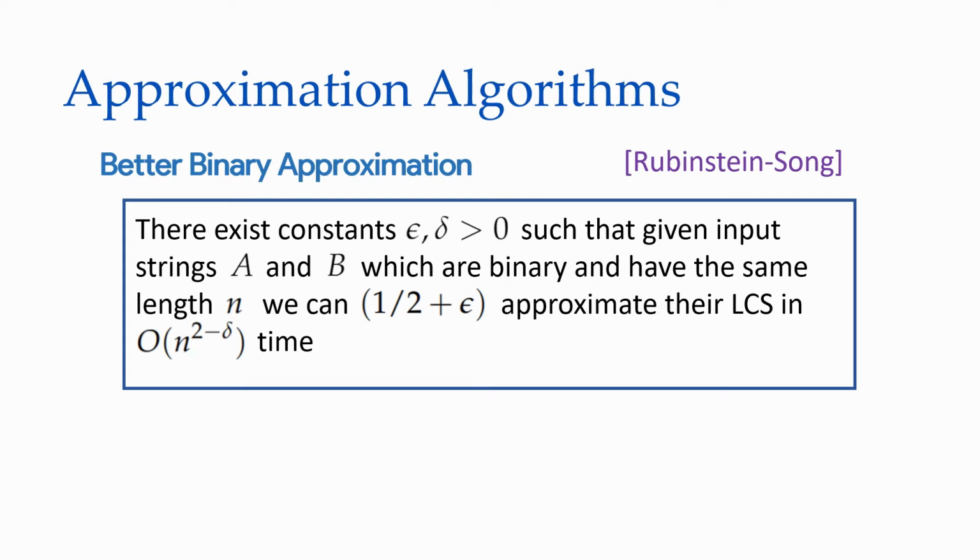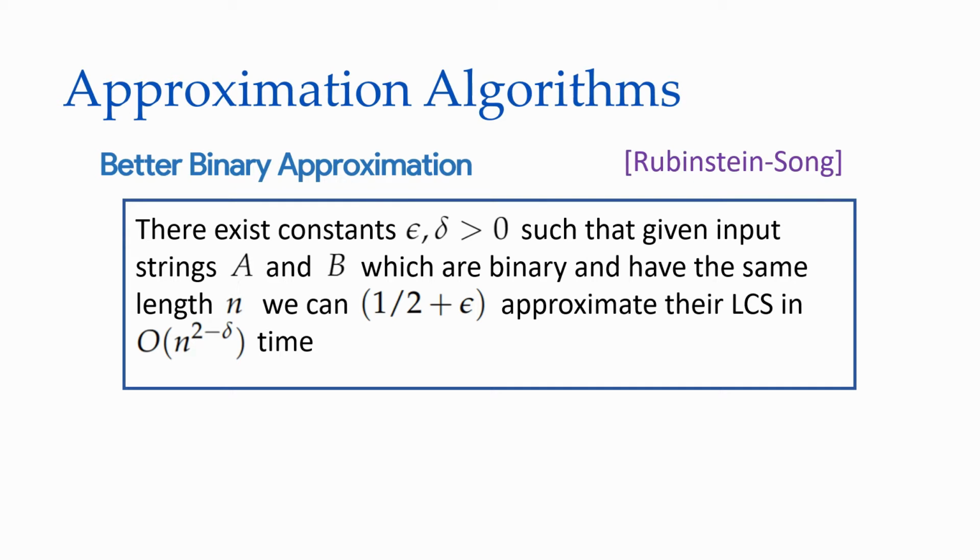For now, I'll just note that one of the major insights was that in certain settings for certain types of strings, it's possible to use edit distance approximation to get better LCS approximation. This is a very cool result, and it's the first algorithm to beat the unary algorithm in any interesting setting for the purpose of approximation.